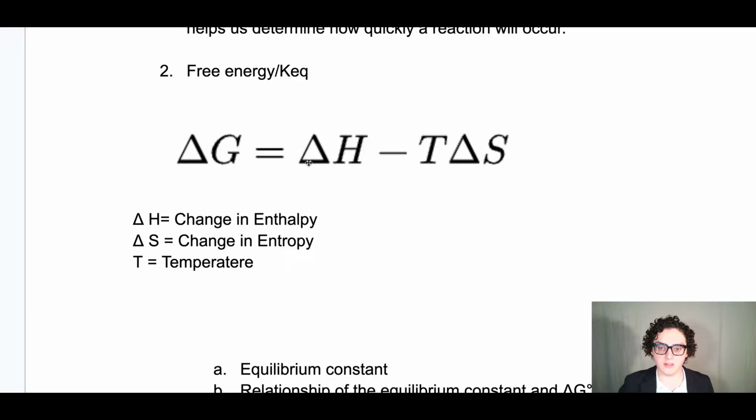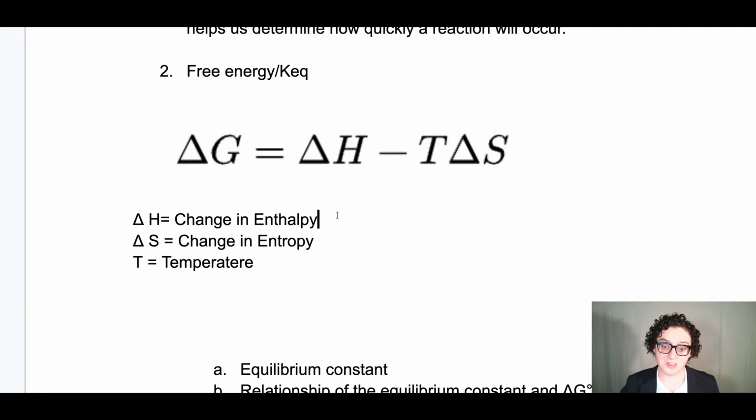So Gibbs free energy is defined by enthalpy, entropy, and temperature. The only things that can change the Gibbs free energy of a reaction are these three things.